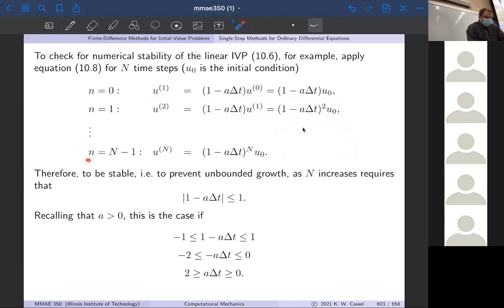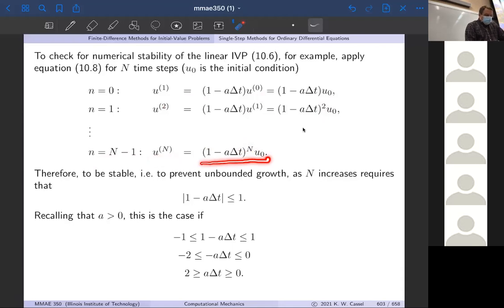So by the time we get to the n minus first time step, that is going to give us an approximation for uN, little n is big N, and that's going to correspond to the big Nth power of 1 minus a delta t times the initial condition u0. Now, why am I doing all this?